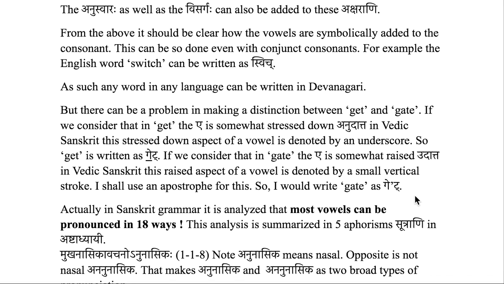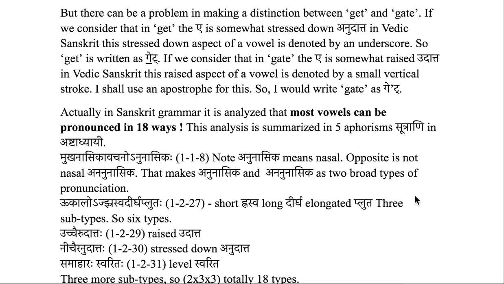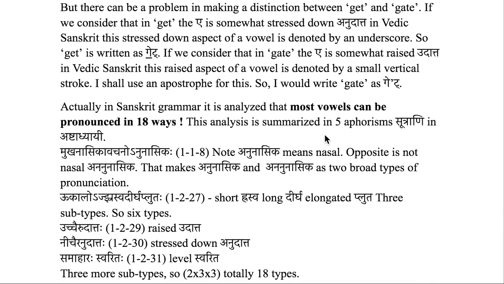Actually, in Sanskrit grammar, it is analyzed that most vowels can be pronounced in 18 ways. This analysis is summarized in 5 aphorisms, sutrani, in Ashtadhyayi. Mukhanasika vachano anunasikaha 1-1-8. Note, anunasika means nasal. Opposite is not nasal, ananunasika.